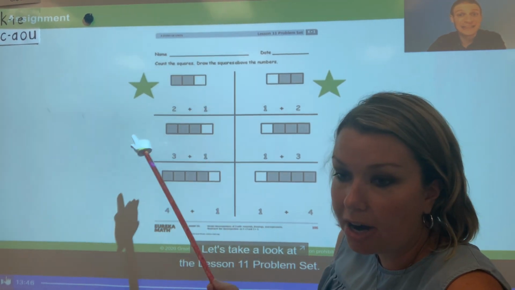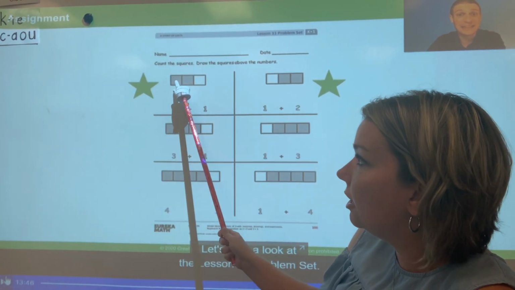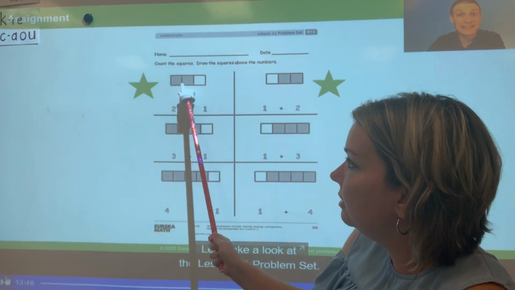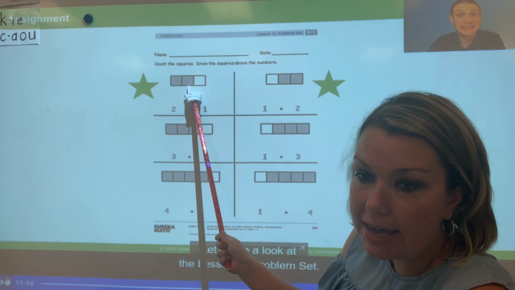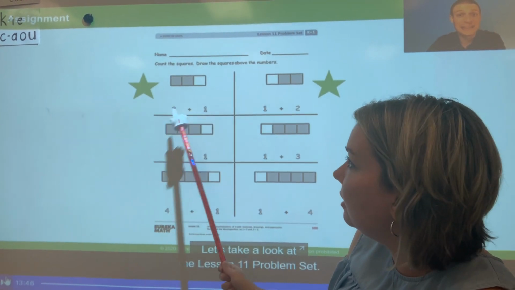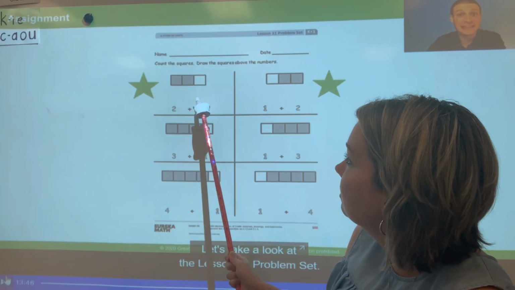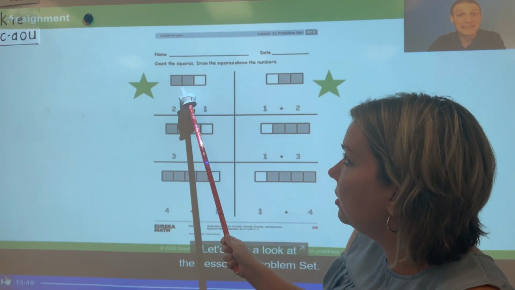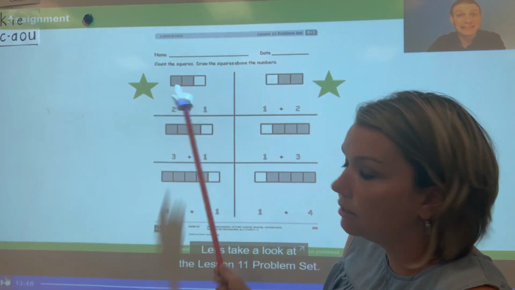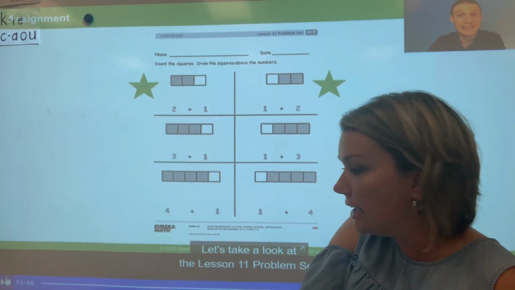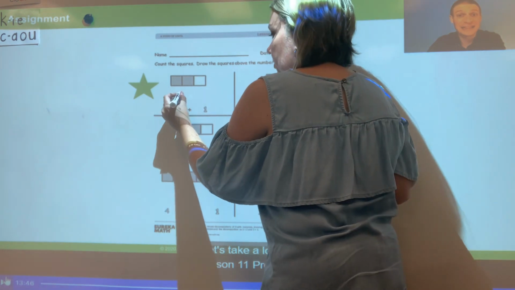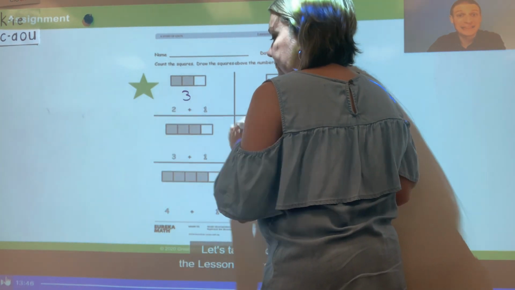The hidden partners of 3 are 2 plus 1. 2 are gray plus 1 more that's white. So we're going to put the number 3 up here. We're going to write that down. I'm going to use this darker marker so you can see it better.